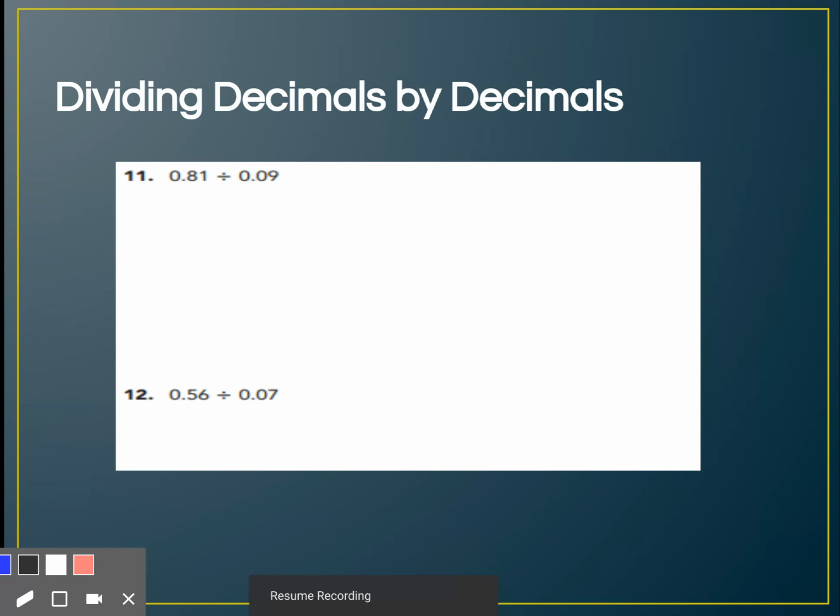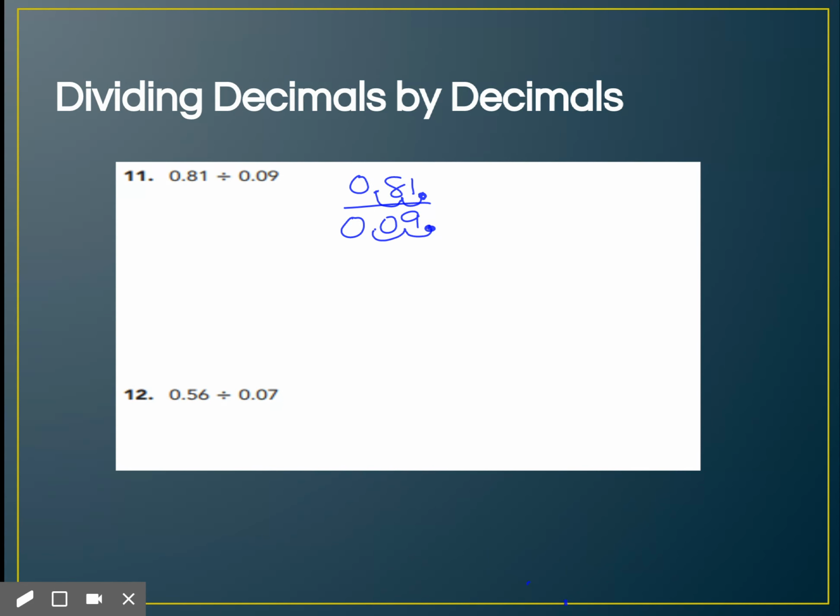So let's do 81 hundredths divided by 9 hundredths. So 0.81 divided by 0.09. I'm moving my decimal 2 spaces in the numerator or the dividend, and so I have to move it both times down here. So now I'm just left with 81 divided by 9, and my answer, of course, is 9.